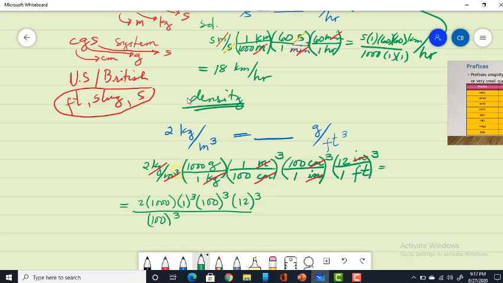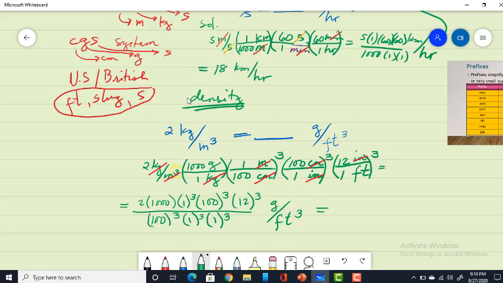The rest are 1s, so there's no problem with that. To avoid confusion, anyway, that's still 1 equal to 1. And then what's the remaining unit? In gram per feet cube.